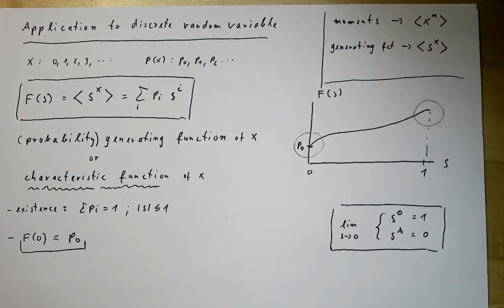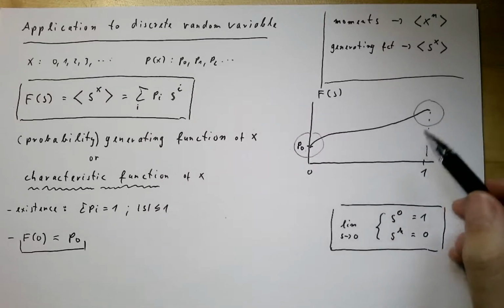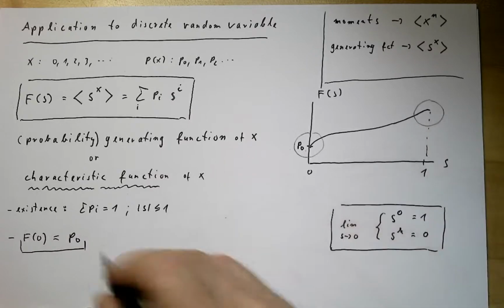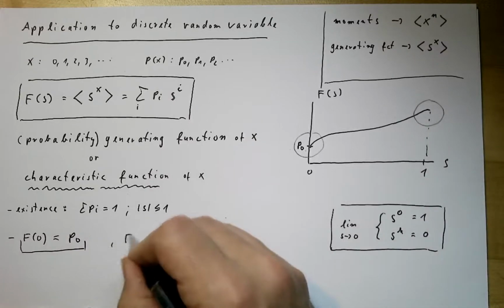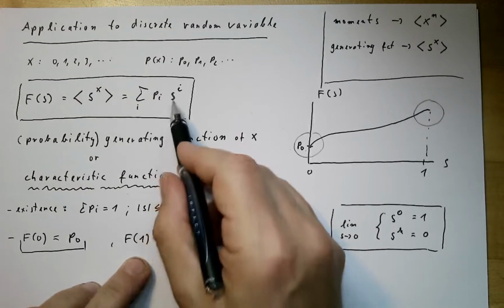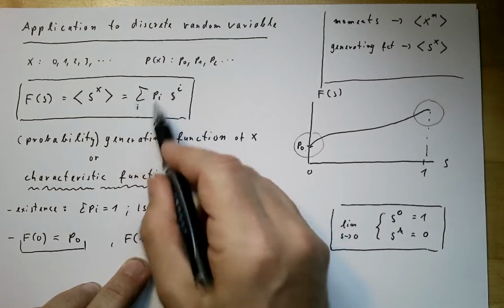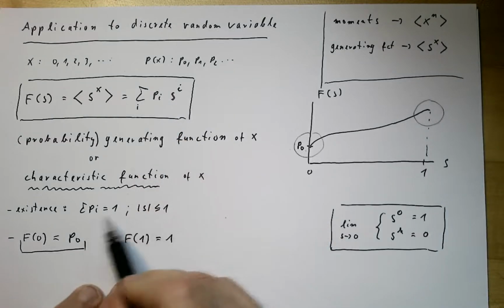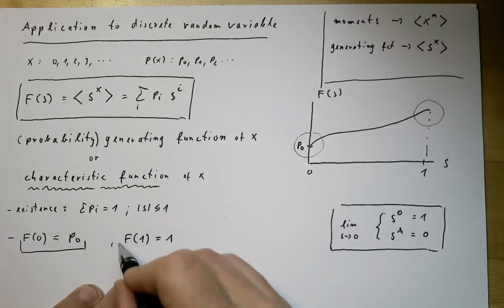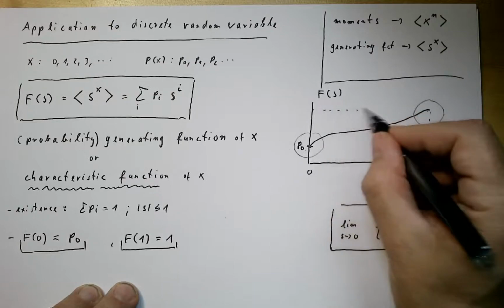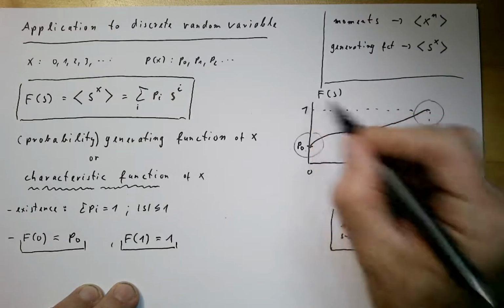So let's see how we can continue. Maybe let's first look at the value at s equals 1. F at 1: when we put in 1 for all the s, we just see the sum of all our probabilities, which are normalized to 1, so this goes to 1.